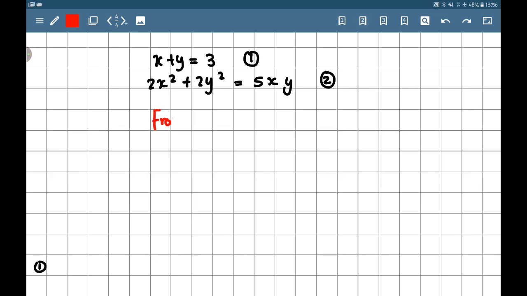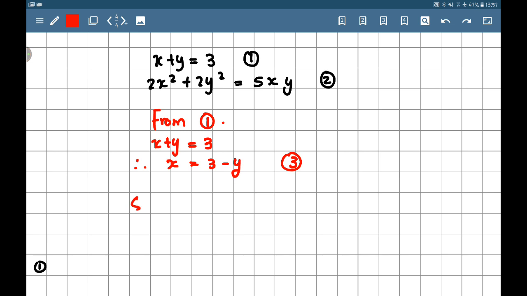So with that said, we are going to say we are working from equation 1. So from equation 1, x plus y is equal to 3. Therefore, x is equal to 3 minus y. Do you see that? Yes. And that gives us another equation. We can name it equation 3.